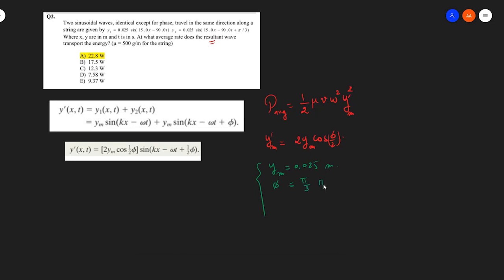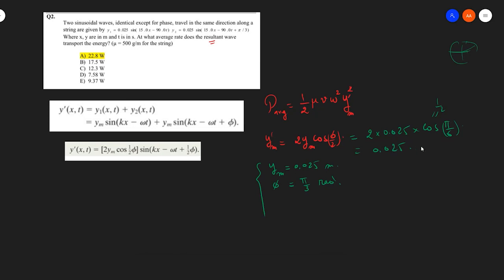Of course, it is in radian. Ym is obtained here, so I can calculate this one: 2 multiplied by 0.025 multiplied by cosine pi over 6. Okay, and cosine pi over 6, pi over 3, pi over 6 is 1/2. This one is 1/2, and this one should give you 0.025.